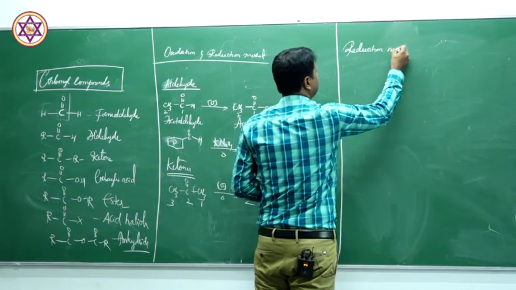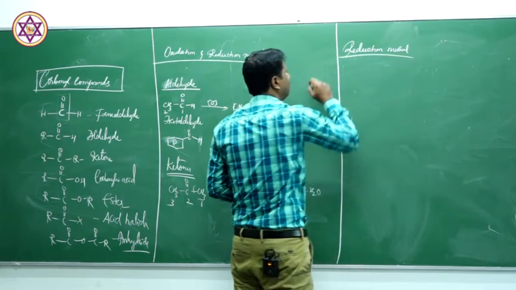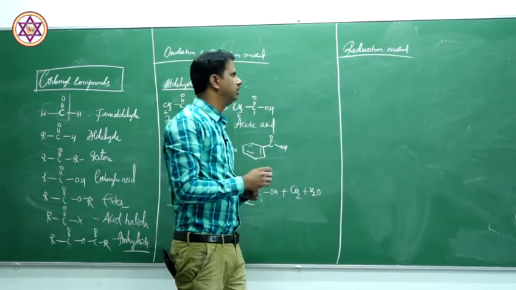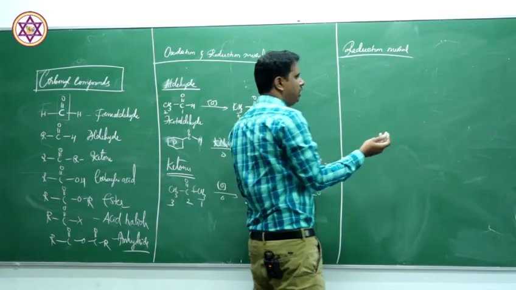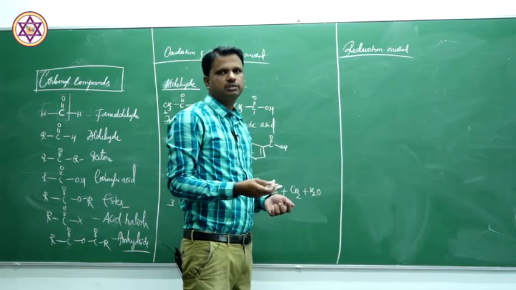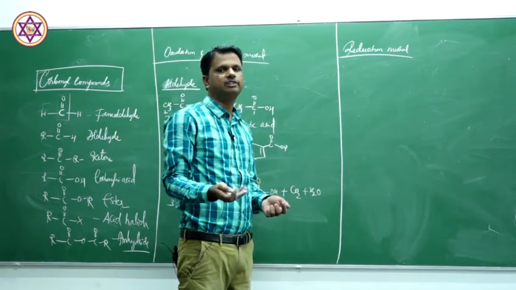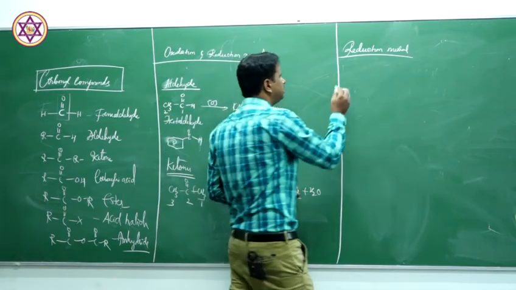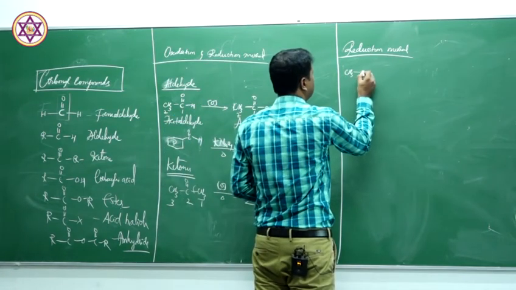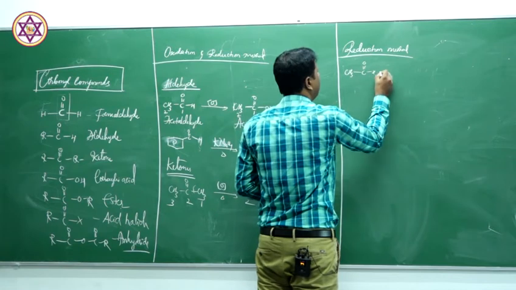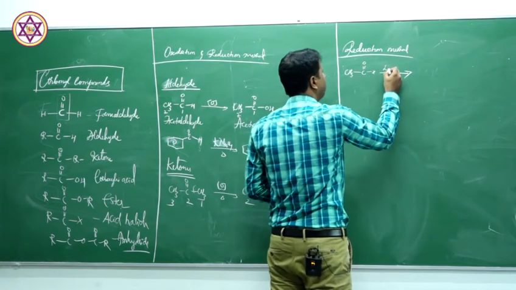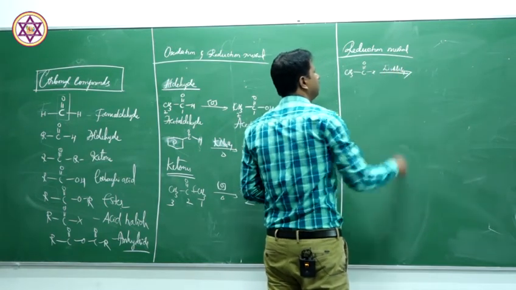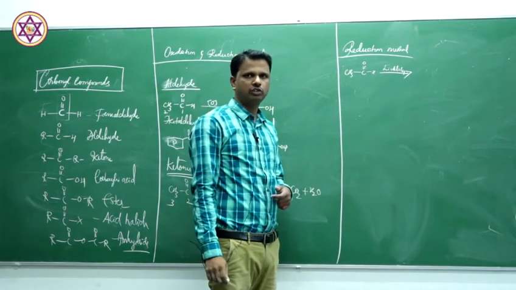Now, reduction. How do we understand this reduction method? We'll go in reverse order. Reduction is the exact opposite of oxidation. So, let us take the acetaldehyde molecule once again, and let us assume that this time we are reducing this molecule instead of oxidizing.